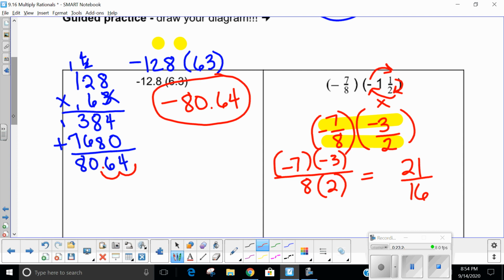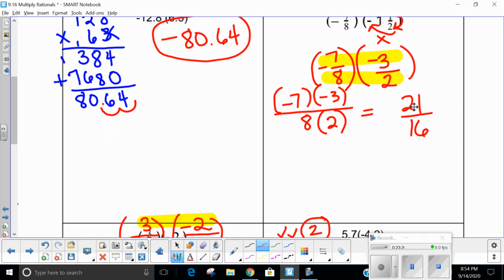Now, we're still not done here because we need to convert this to a mixed number. So we're going to say 16 goes into 21 how many times? 16 goes into 21 one time. Take away the 16. Borrow. 11 minus 6 is 5. 1 minus 1 is 0.